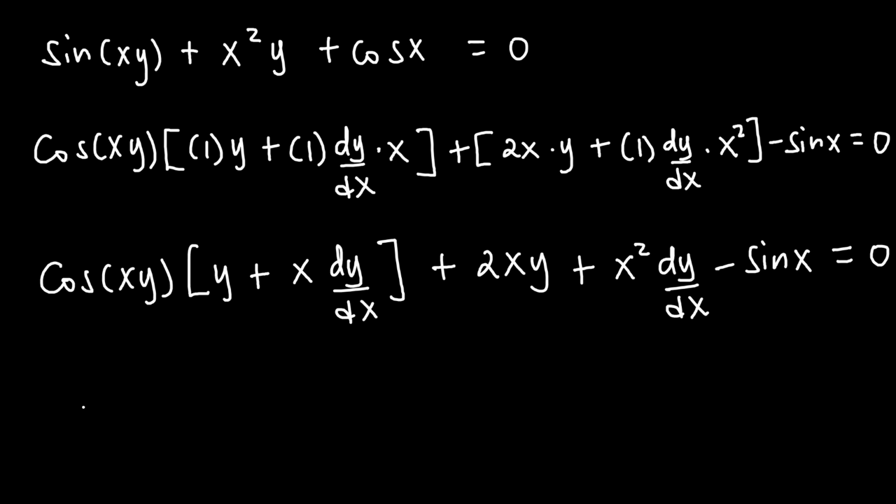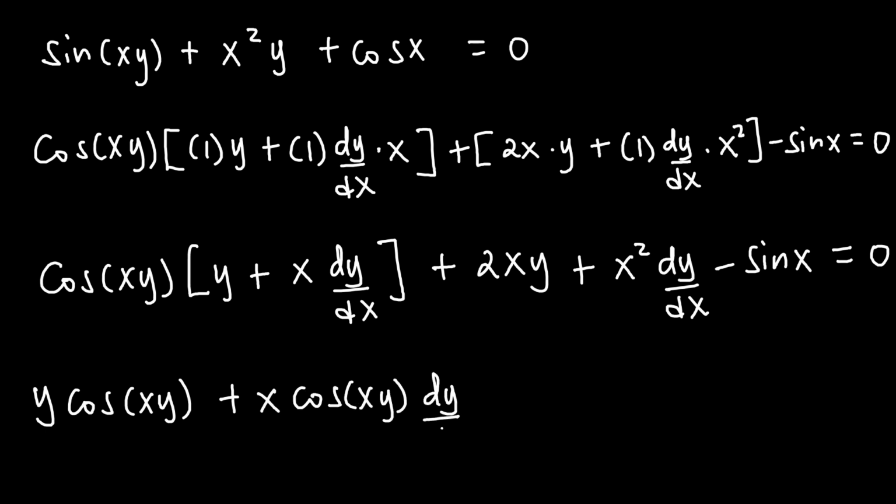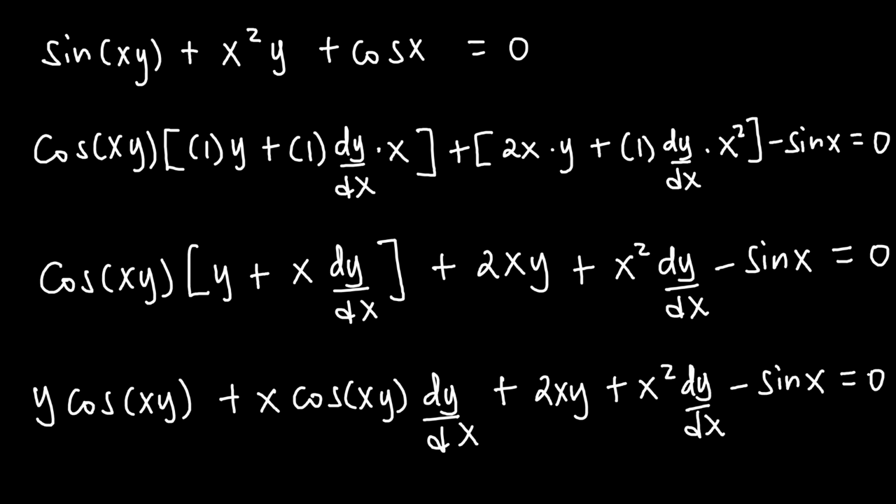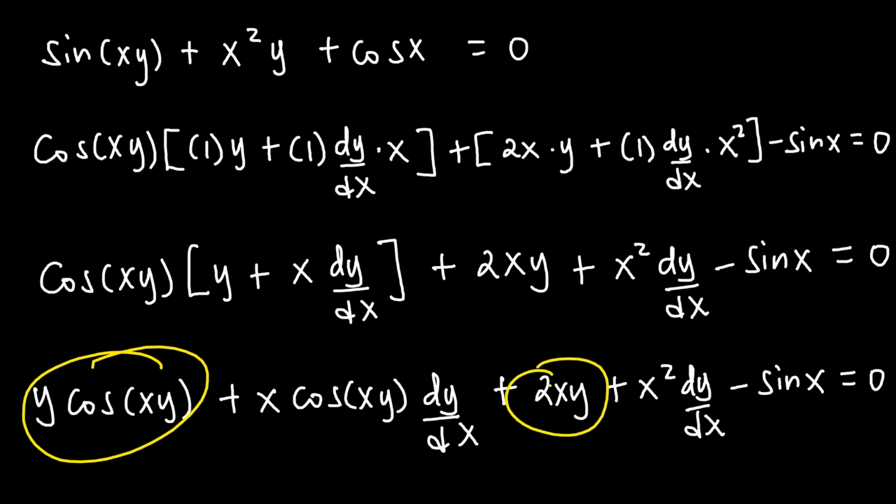And if we open the brackets, we shall have y cos(xy) plus x cos(xy) dy/dx, plus 2xy plus x^2 dy/dx, minus sin x equals 0. And at this point, we can take these three terms to the right hand side.